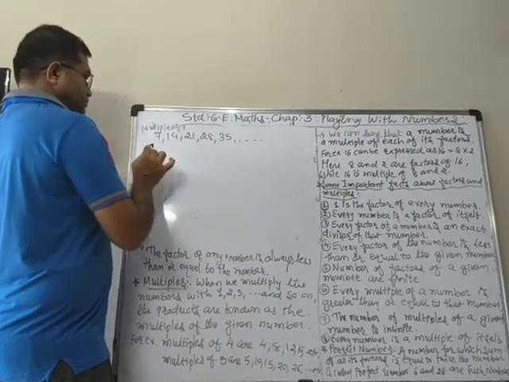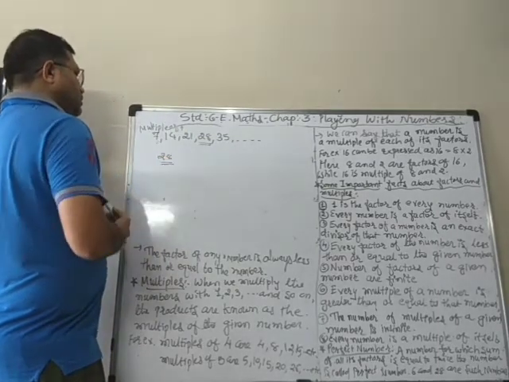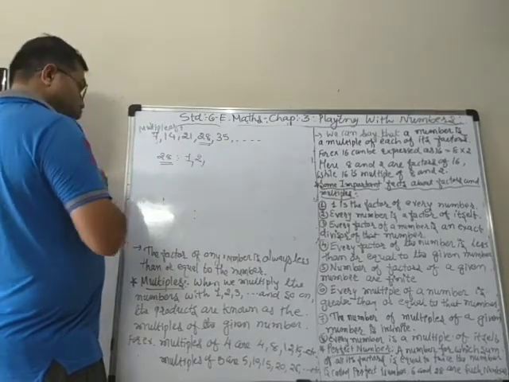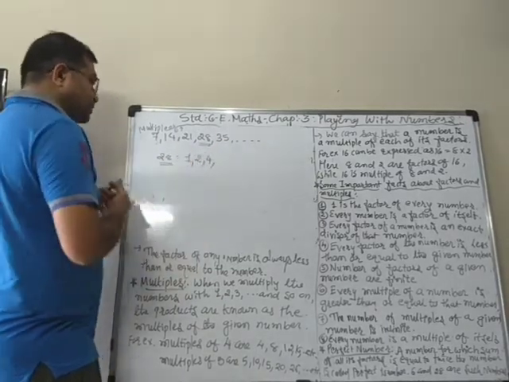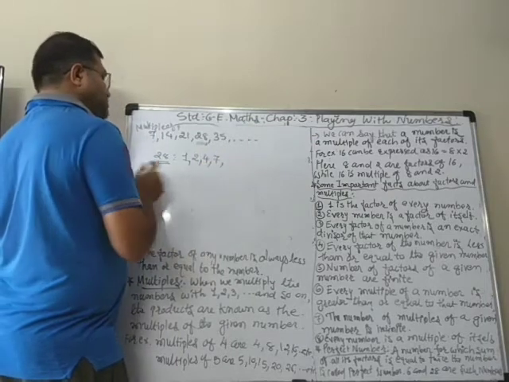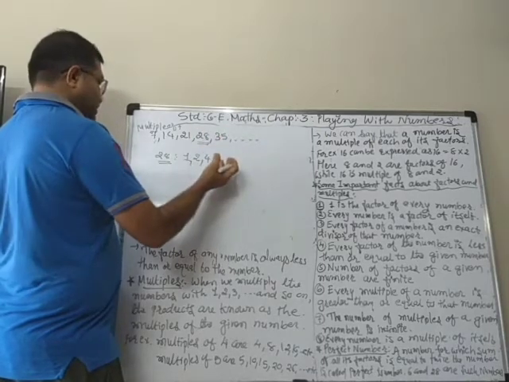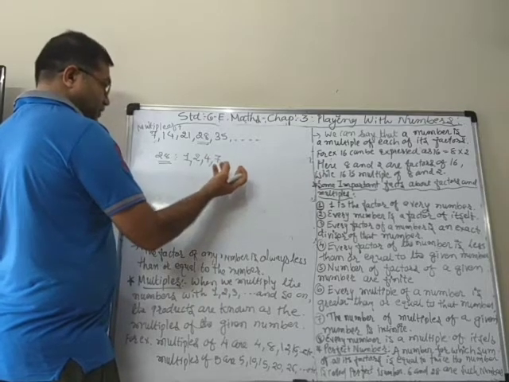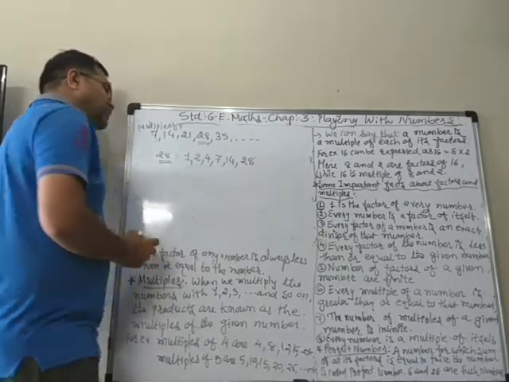Now suppose you take the number 28. What are the factors of 28 actually? 1, 2, 3 is not a factor, 4 because 4 7s are 28, 5 is not a factor, 6 also not a factor, 7 is the factor because 7 4s are 28, 8, no, 9, 10, 11, 12, 13, no, 14 is the factor, and lastly 28 itself.